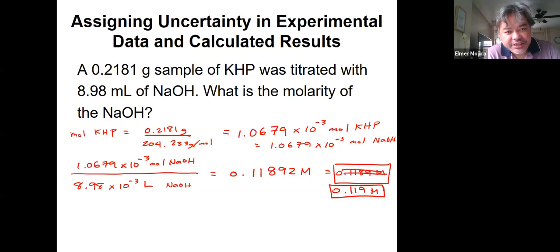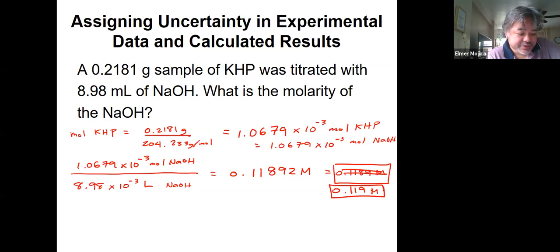Now, as you could see here, the moles of the KHP should have 4 significant figures.